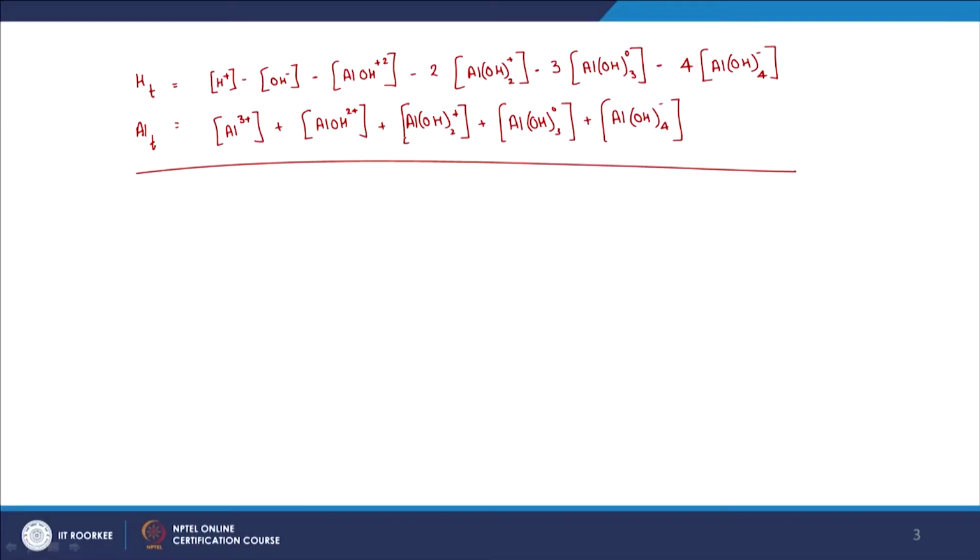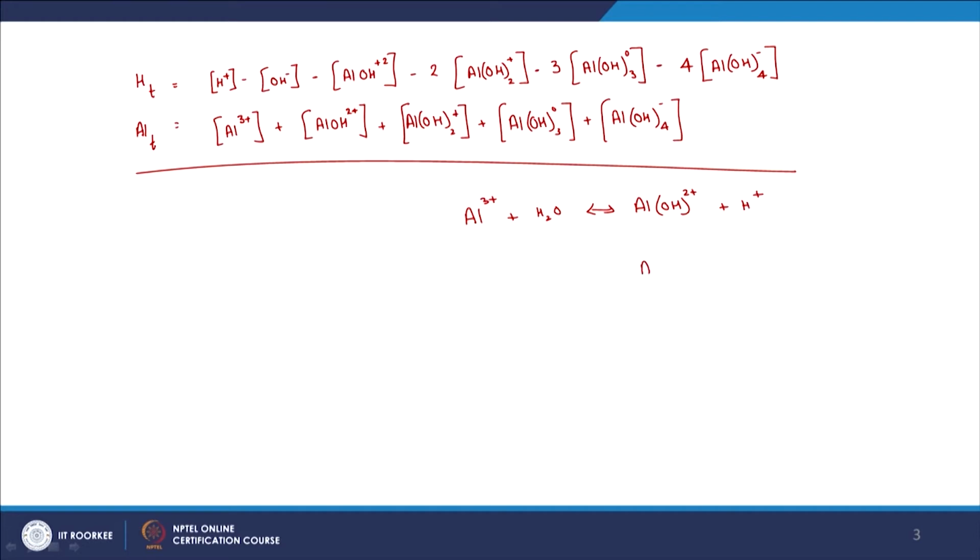So let's try to write down some of the variables in terms of this particular beta star. Where would you find these relevant coefficients? Obviously in the relevant books. These are more or less standard values. Let's try to plug them in here. Let's say I'm trying to form various complexes here. What would be the relevant direct step? Al3+ plus H2O would be in equilibrium with AlOH2+, and it would release 1 H+, obviously.